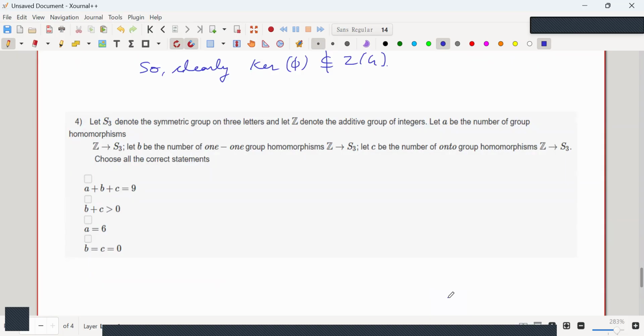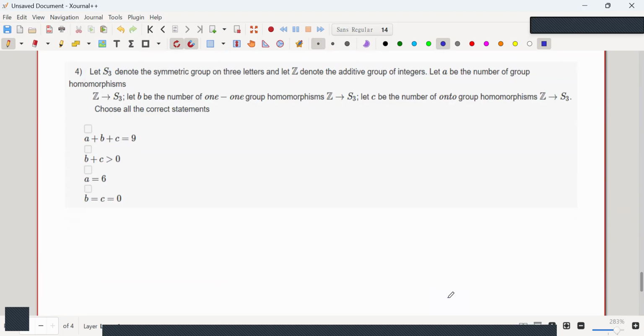So we will be actually finding explicit values of A, B, and C, and then you can check which of these relations are being satisfied. So what about the number of group homomorphisms? There are six of them. Why?